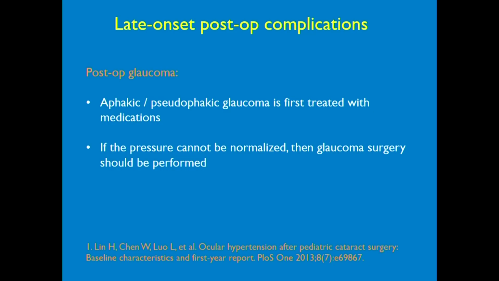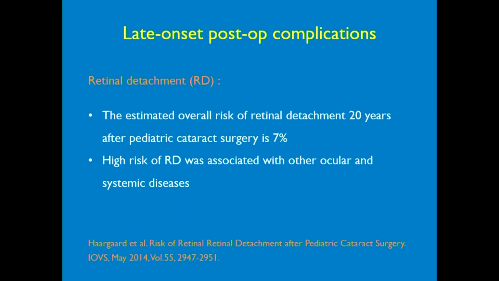Chashma utar gaya, jaane wala hai. Don't be happy when you see that. When you see a myopic shift, unless otherwise proved, it is glaucoma. So it's on us to make sure that it is a physiological myopic shift that has happened and not due to glaucoma.